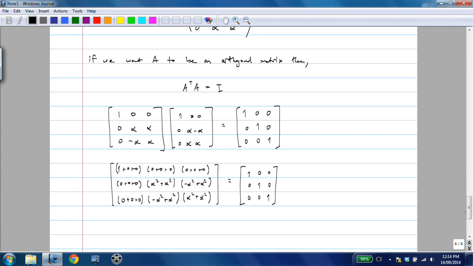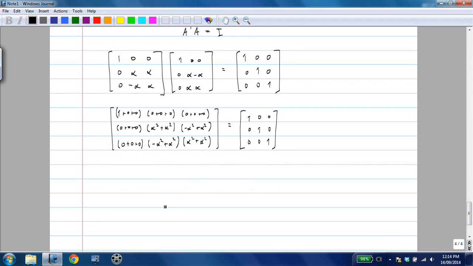Okay. So when we look at this, we'll find we get this matrix here. So I'll just take this matrix and put it over here. So we'll get 1, 0, 0. We get 0, 2 alpha squared, 0. And we get 0, 0, 2 alpha squared. So in order for this to be true, we know that 1 is equal to 1, which is good.